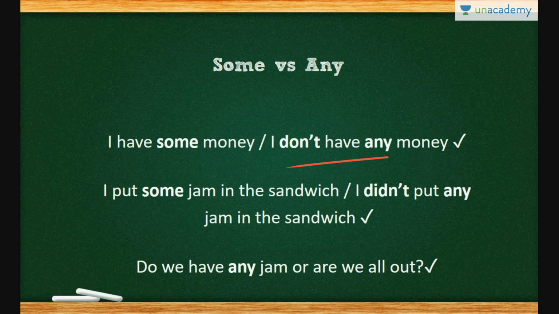Negative. I put some jam in the sandwich. I didn't put any jam in the sandwich. Now both are correct, but one is positive and one is negative. Do we have any jam or are we all out? That means, do we have any jam at all or have we run out of jam?